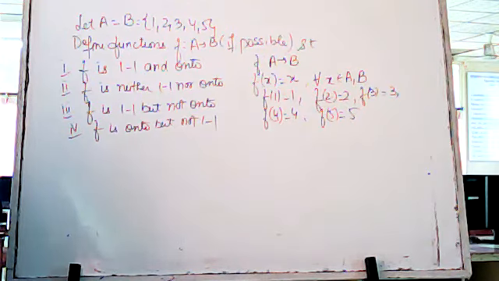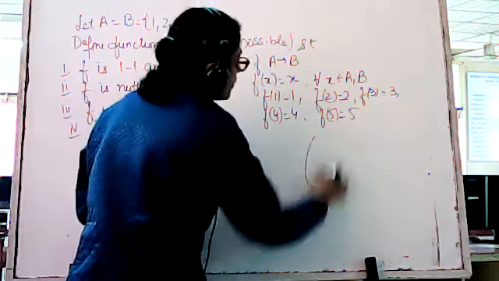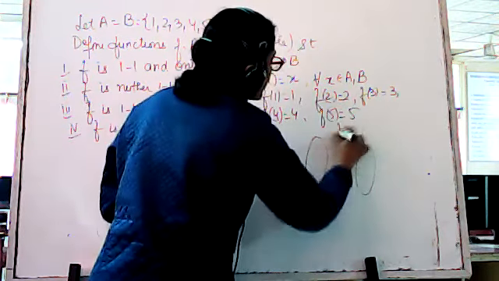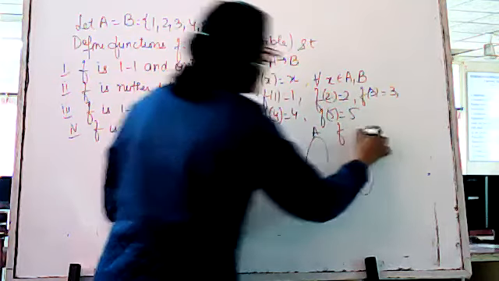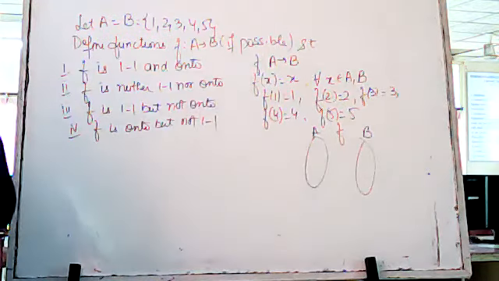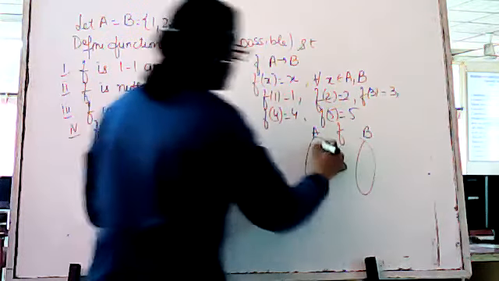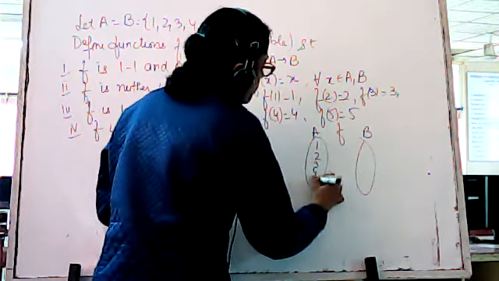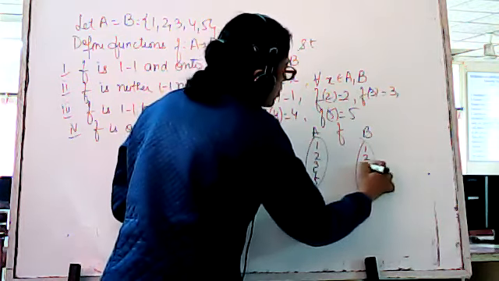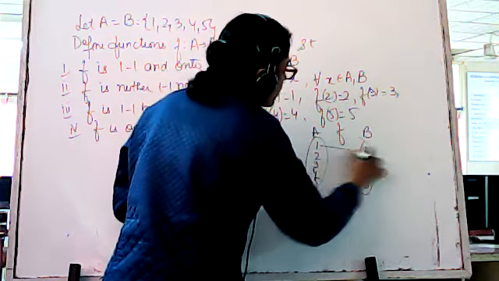That is, different elements of set A have different images in B.